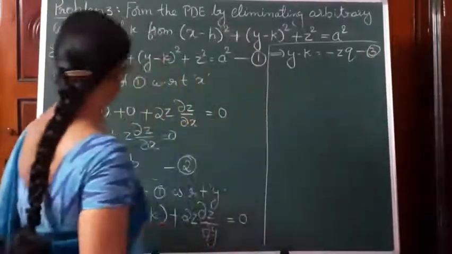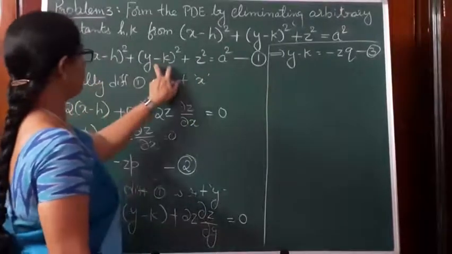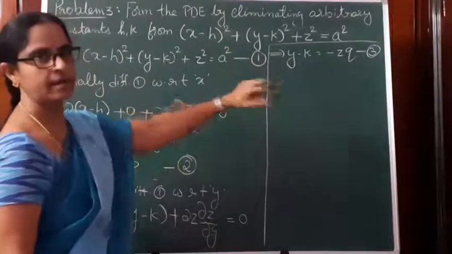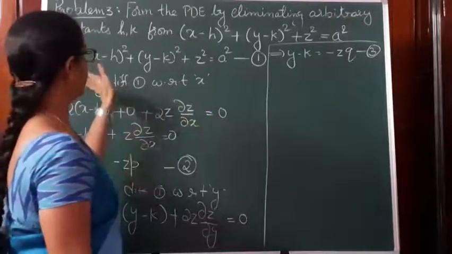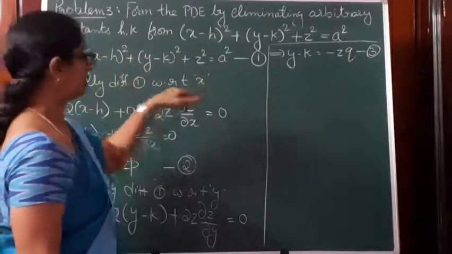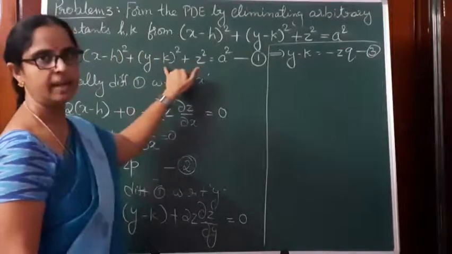Now we obtain x minus h and y minus k from equations 2 and 3 respectively. Now to eliminate h and k, we substitute x minus h and y minus k in equation 1.